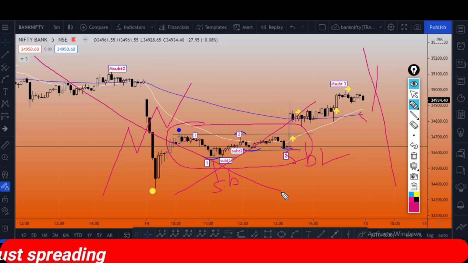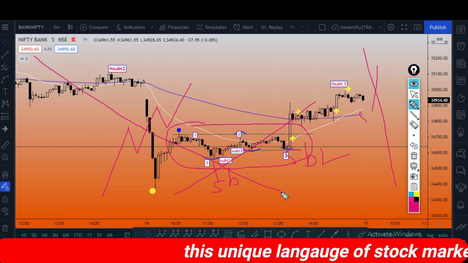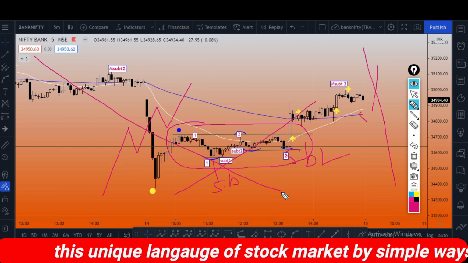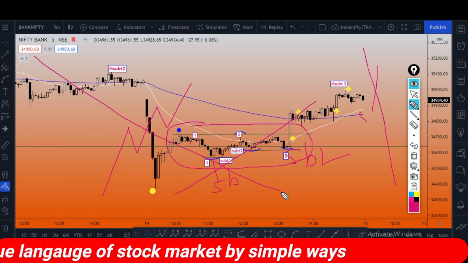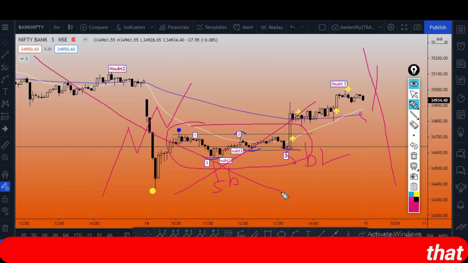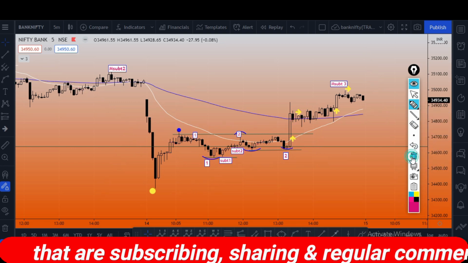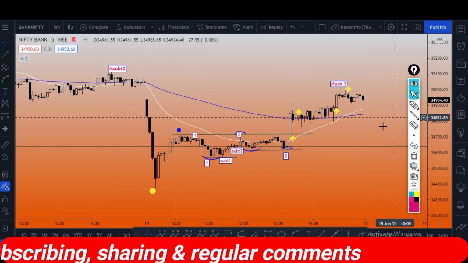Otherwise in the beginning you will find it a bit difficult, but not as difficult as Gann theory and Elliott wave, because I have been through those also. That is why I made a combination of these two theories in the Watts 5-minute intraday techniques. Okay, so let us discuss today's trading.